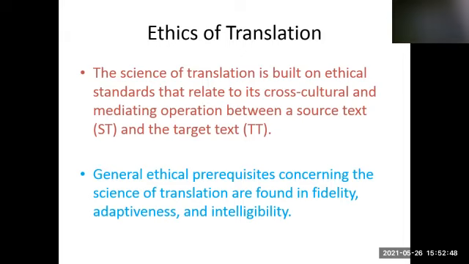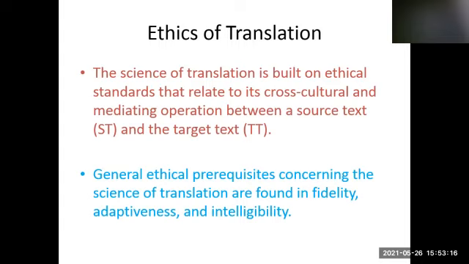The general ethical prerequisites, the general ethical codes, conditions that we need to pay attention to are found in three things. The first thing is fidelity. This is what we mean when I said honesty.